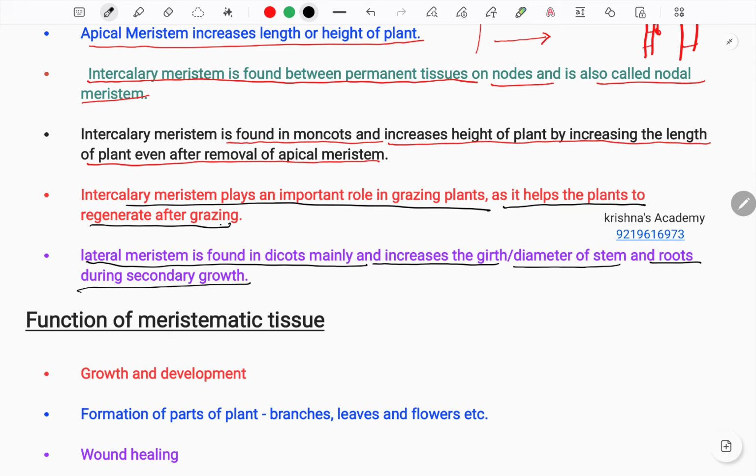But during the secondary growth, the girth of the stem or the root will increase. It gives mechanical support because during the secondary growth, a high amount of secondary xylem is formed, which gives mechanical strength to the plant.